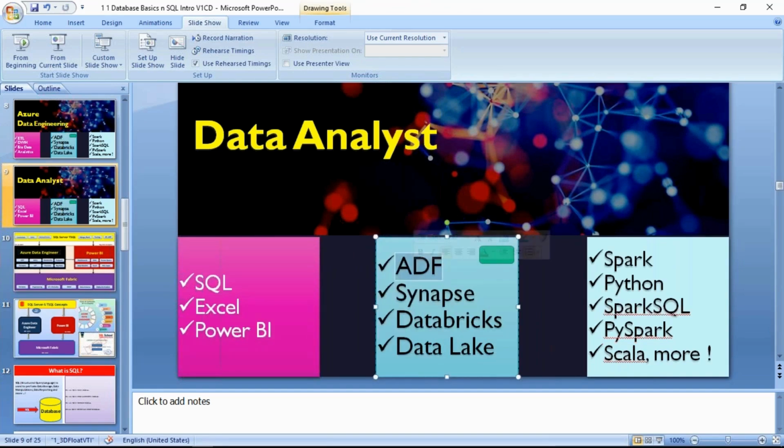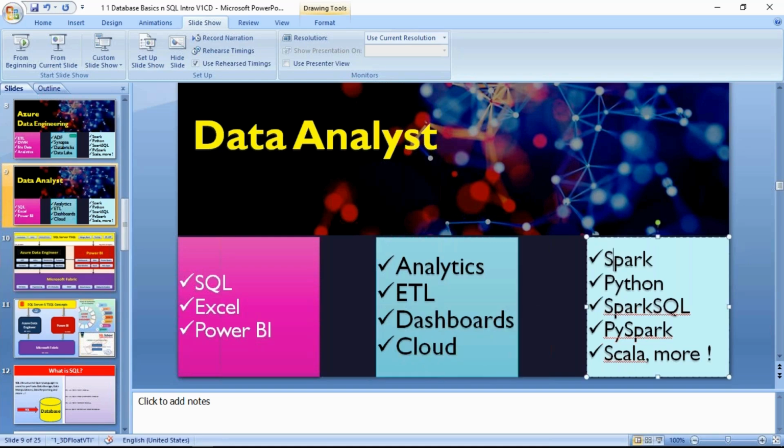Here it is. From SQL, we have something called the technology of SQL activities. We have analytics, part of the data analyst job role. We have ETL and cleansing activities that the data analyst has to take care of. Dashboards and cloud concepts, data analyst job role. In this process, we have visualizations. We have Power Query.